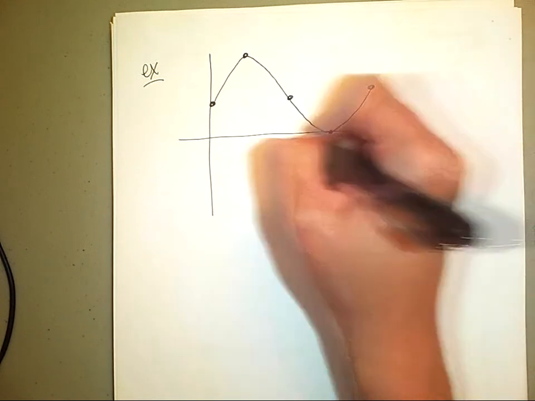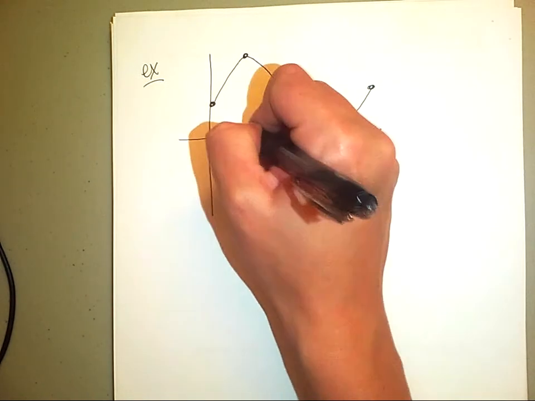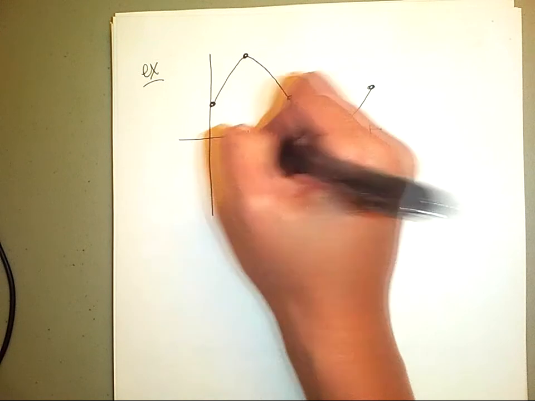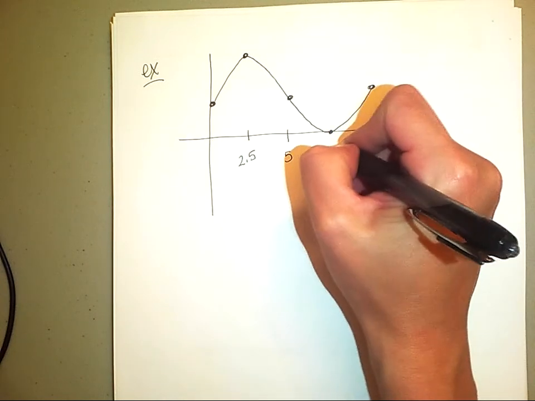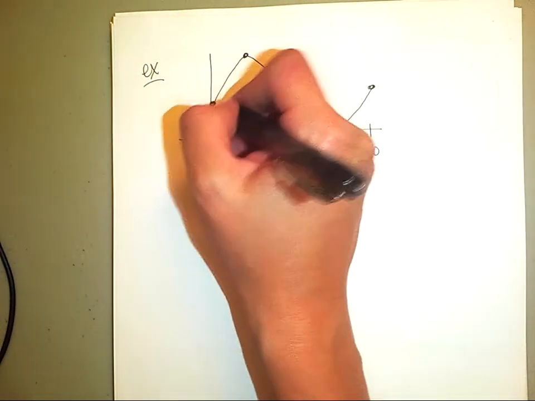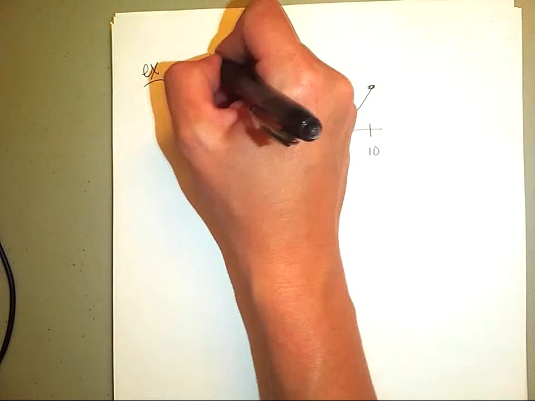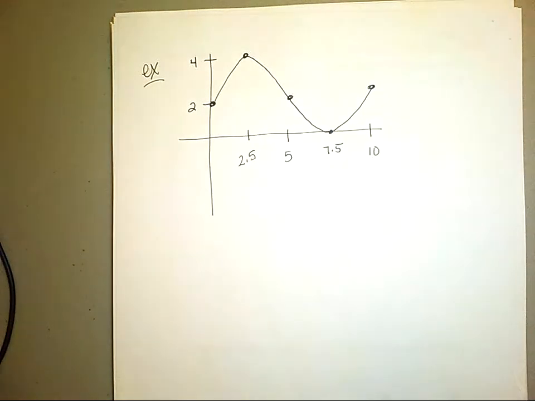This was 10, half of that's 5, half of that's 2.5, so this would be 7.5, and this is 2, and this is 4. Okay, say you're given this graph, and you need to write an equation for this.